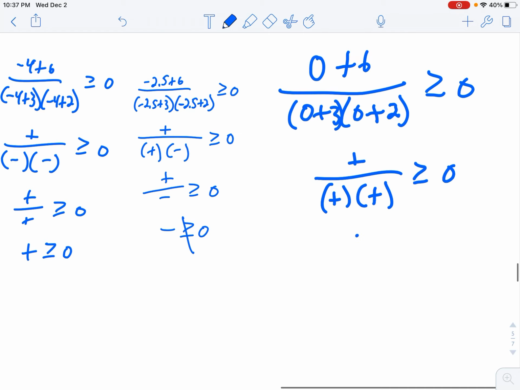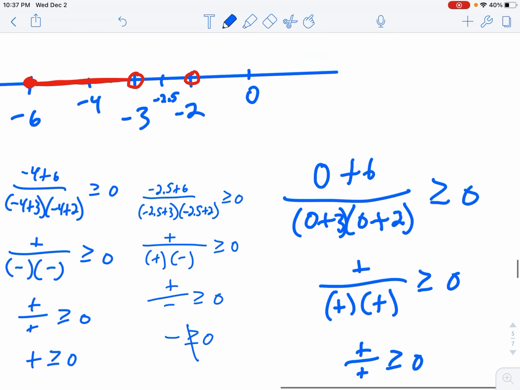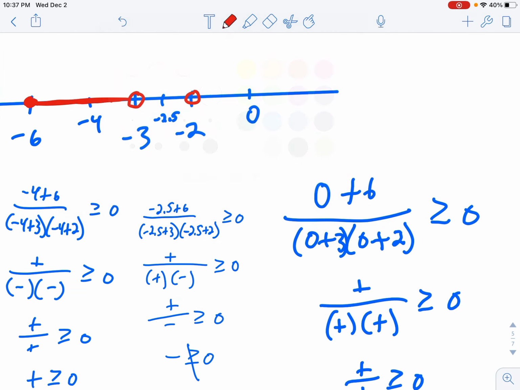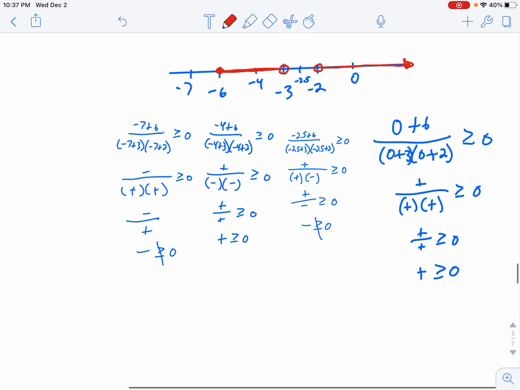That gives me a whole bunch of positives. And a positive is greater than or equal to 0. So, shade here. So it looks like my answer is bracket negative 6 comma negative 3 parenthesis union parenthesis negative 2 comma infinity parenthesis.